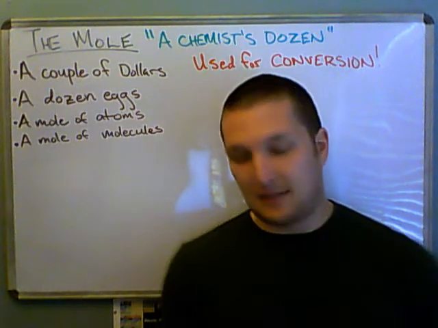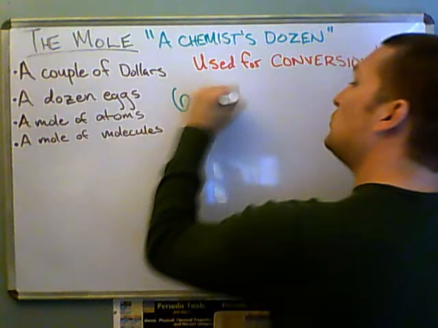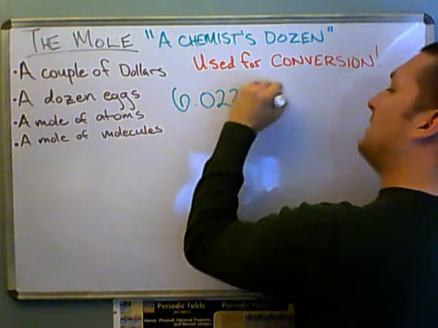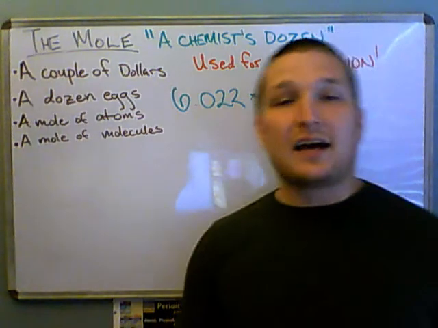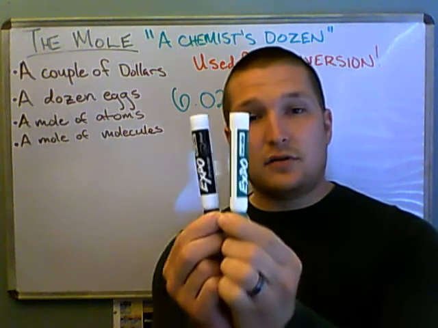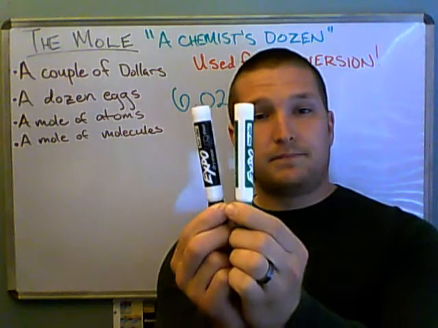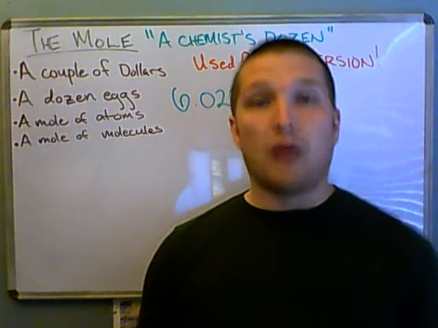A chemist's dozen is 6.022 times 10 to the 23rd of something. So if I said I had a couple of dollars or a couple of markers, it means I have 2 markers. If I have a dozen eggs, that means I have 12 eggs.